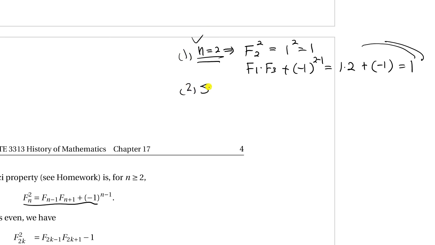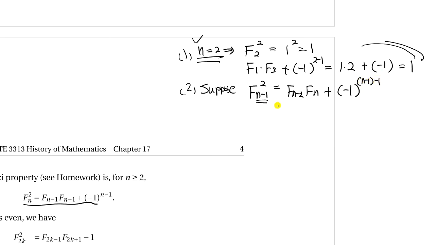Second, let's suppose this equation is also true for the n minus 1 case. So let's say Fn minus 1 squared is Fn minus 2 times Fn plus negative 1 to the, now be careful, our n is actually n minus 1, so n minus 1 minus 1.